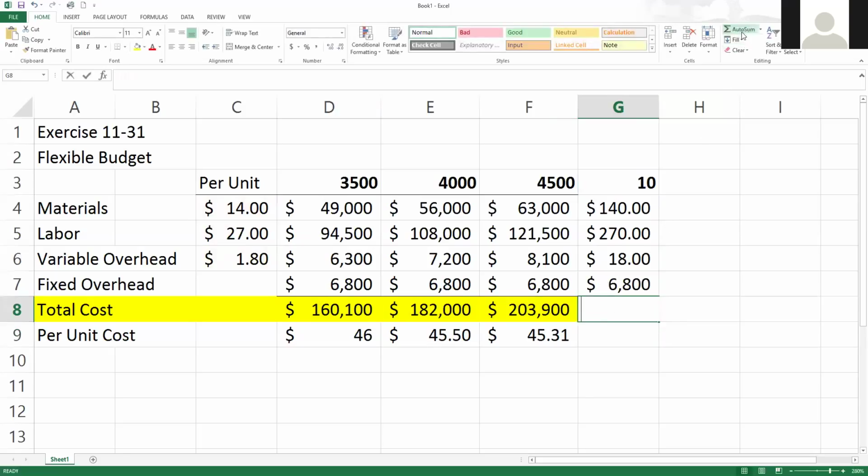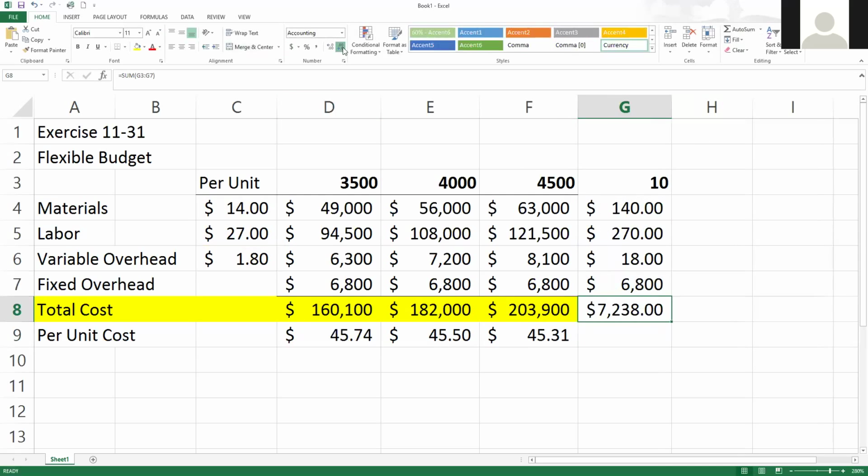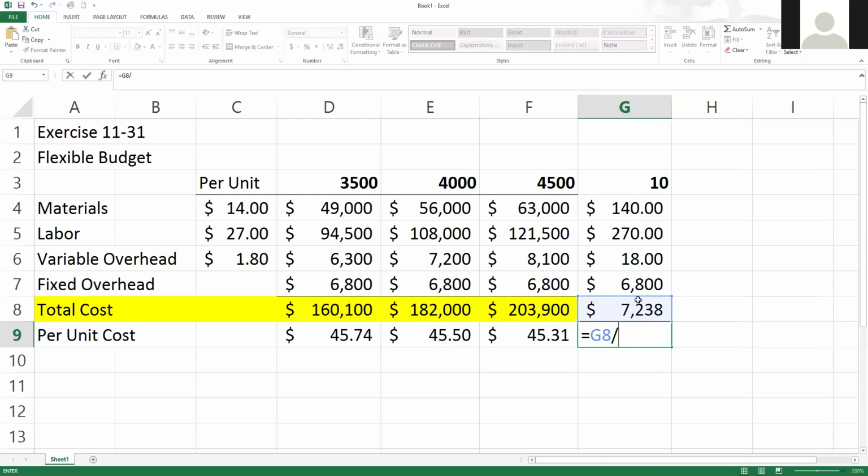We'd have a very large total cost. So when we divided it by how many products we made, it's $724 to make one product, when we were looking at $45-ish to make one product. The reason being that $6,800 was only spread over 10 products. Each product had to absorb $680 of that fixed cost.